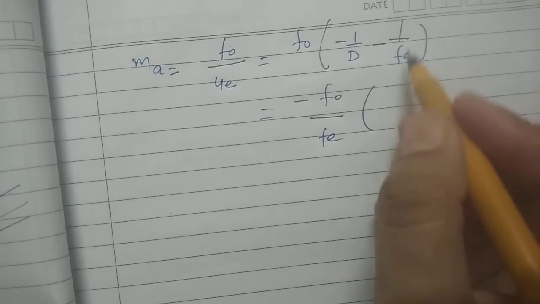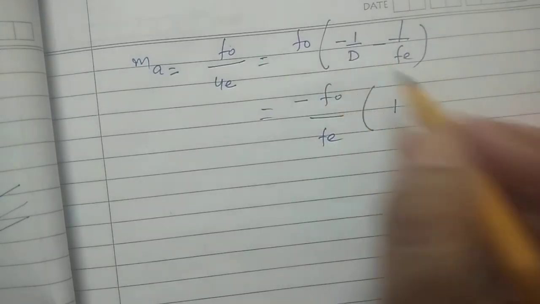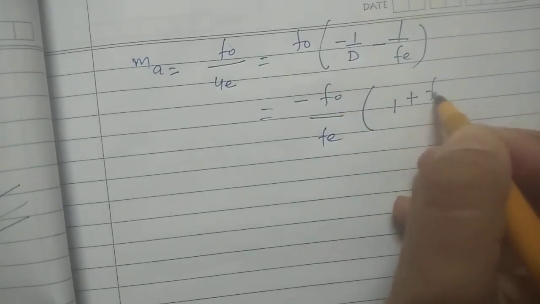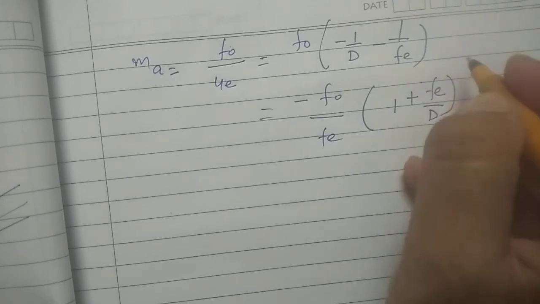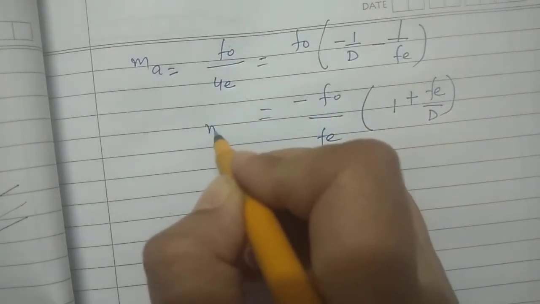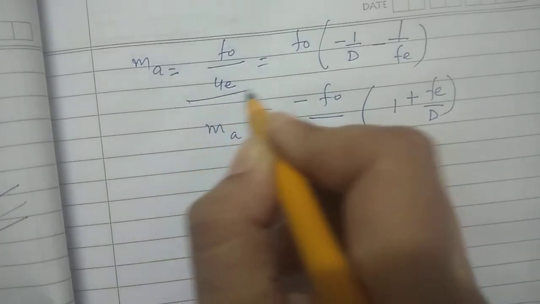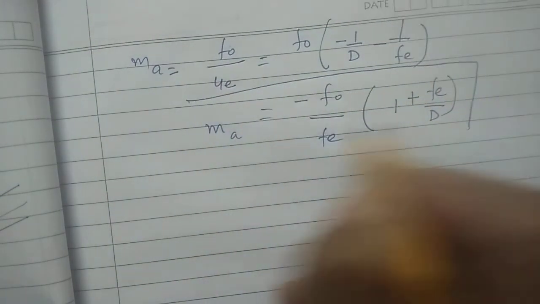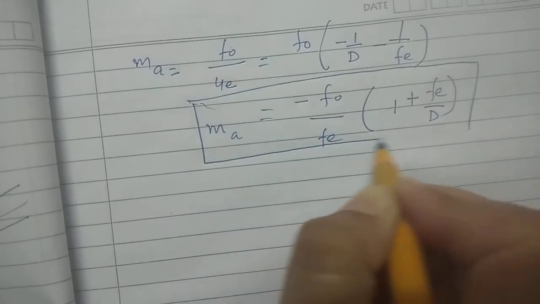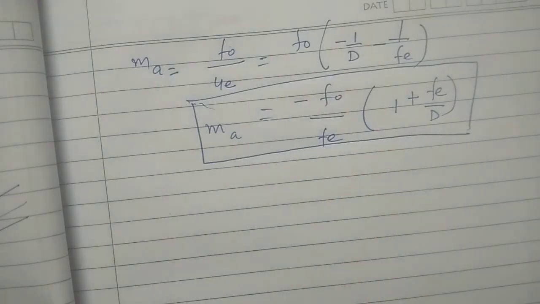So this can be written as, this would become 1 and this would become plus fe over d. So this is the angular magnification for the telescope when the final image is formed at least distance of distinct vision.